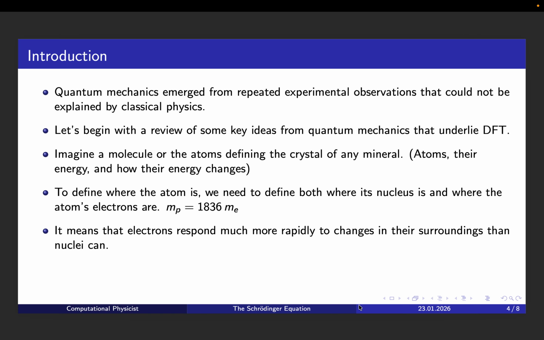Each neutron or proton in a nucleus has more than 1800 times the mass of the electron. This means roughly we can say that electrons will respond more rapidly to changes in their surroundings than any nuclei can. As a result, we can split our physical question into two pieces.